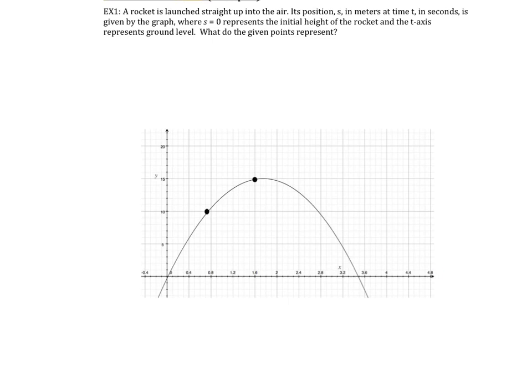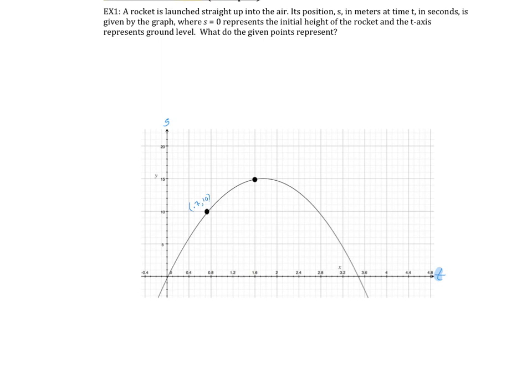So here, the t-axis and the s-axis. What do these given points represent? This first point here is about 0.7, comma 10.